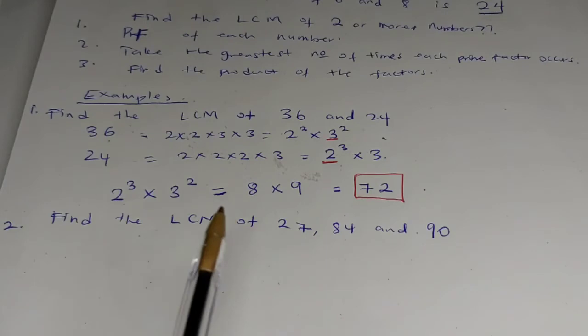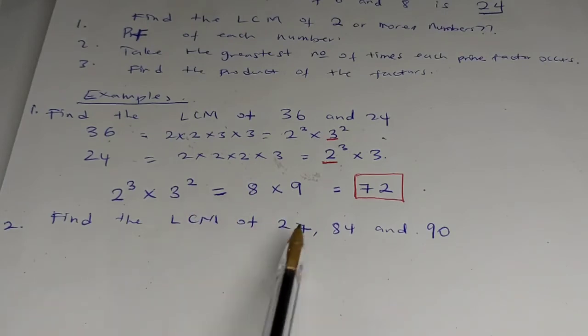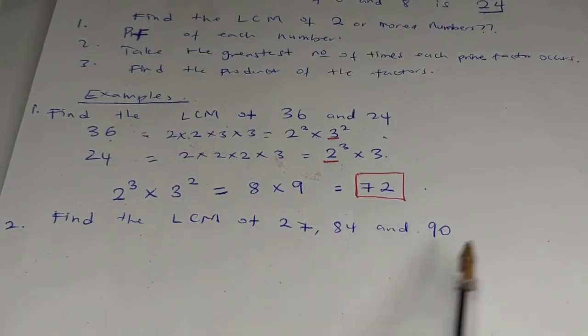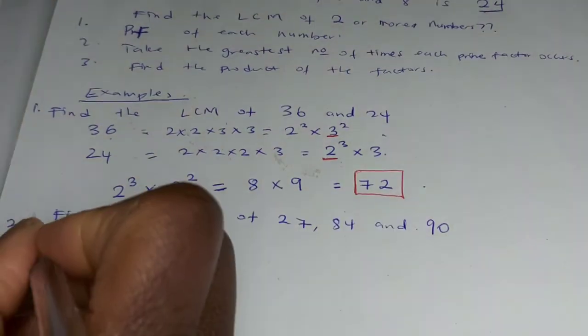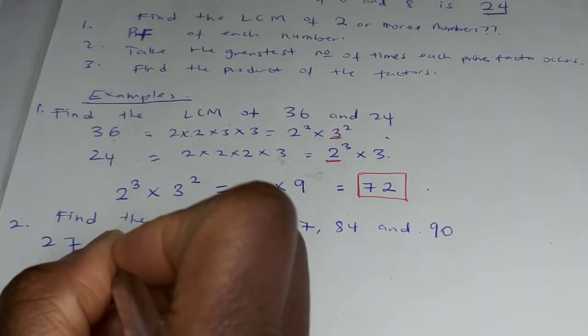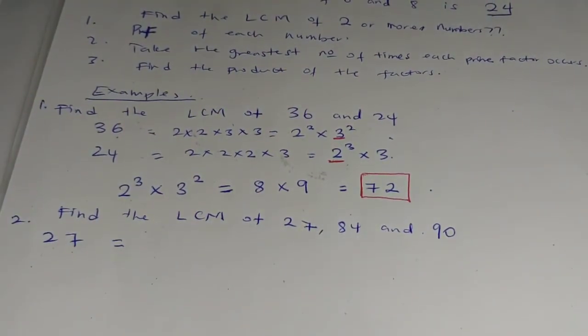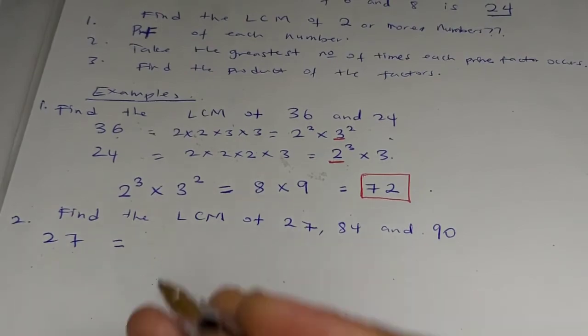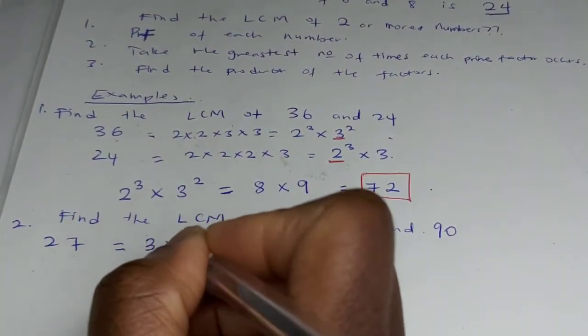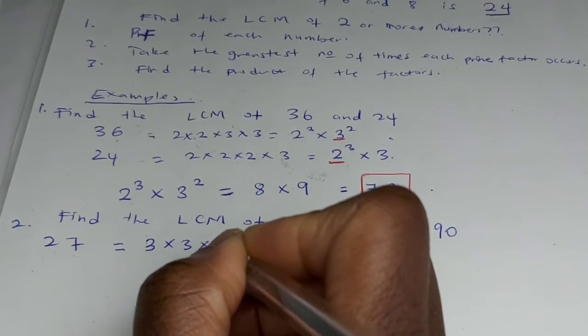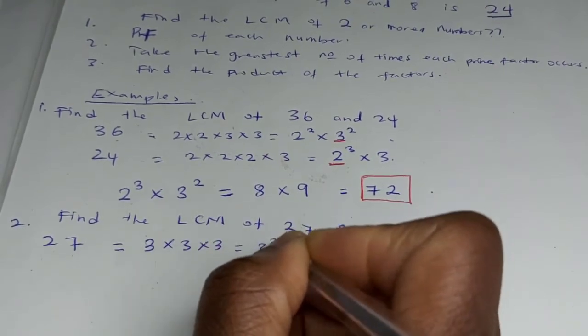For 27, we have 3 times 3 times 3, which is 3 cube.